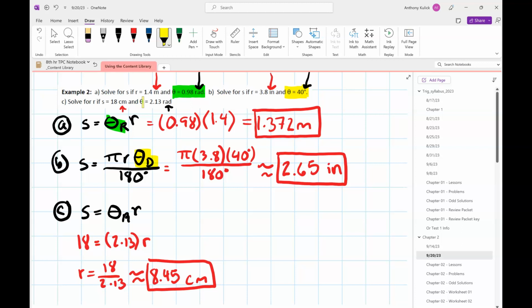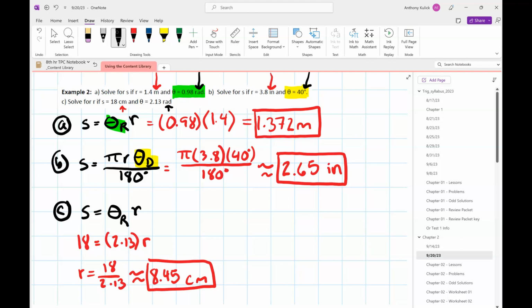And on this C problem, what's the little letter? That's an R. This subscript, that's an R. Does it really look like a D? I'll draw it, make it a little clearer. Yes, sir. Absolutely. So what's the theta? The central angle measure.